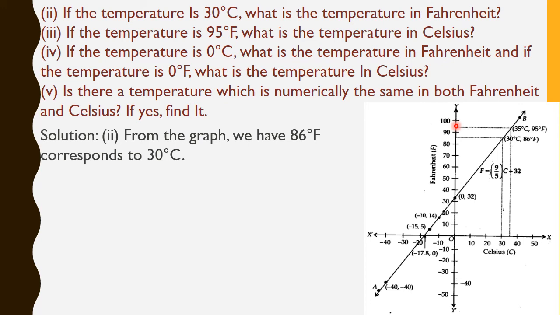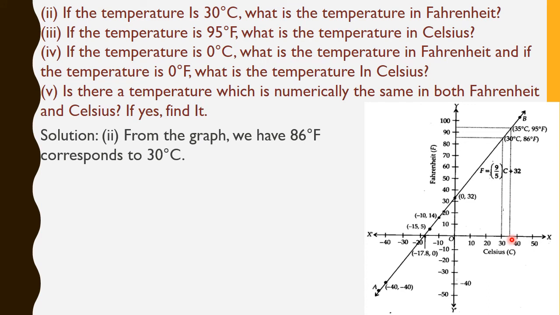Now from here we will draw a perpendicular to the y-axis, just the opposite way. We'll extend the line and it will meet the linear equation at a point. It is made right over here at the red dot, and from here we will again drop a perpendicular to the x-axis.